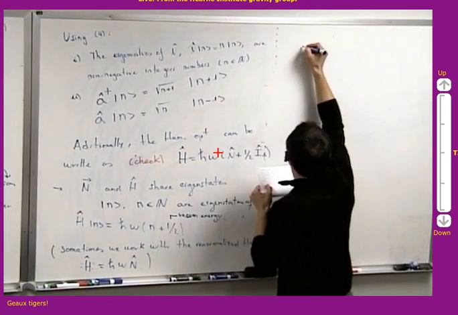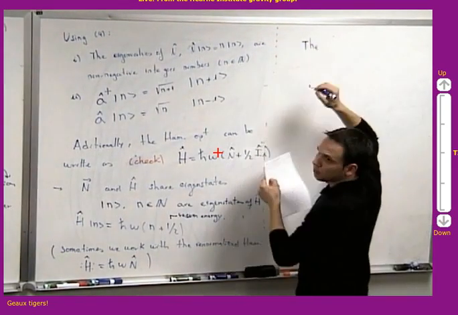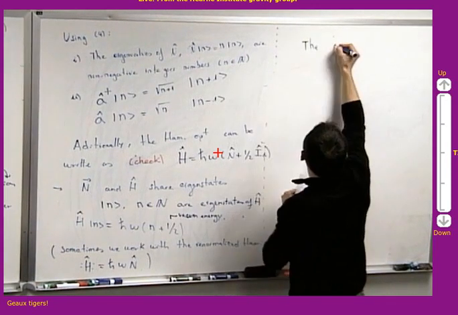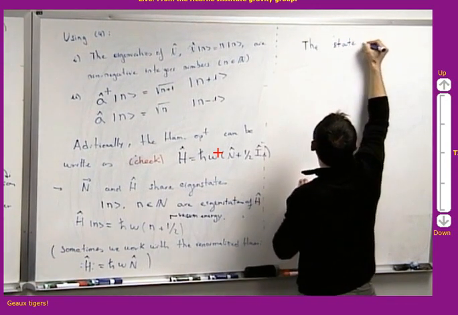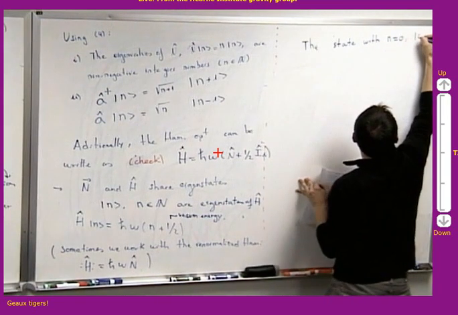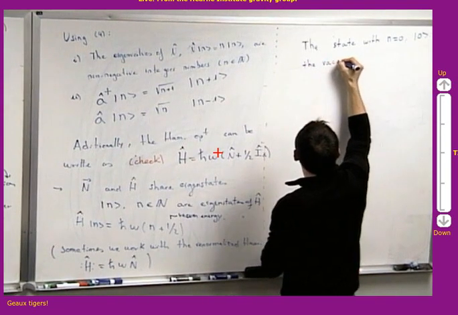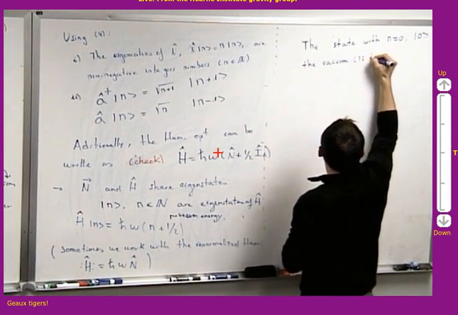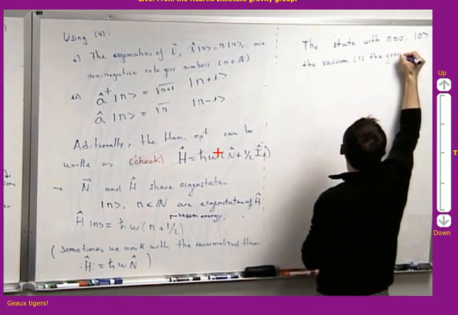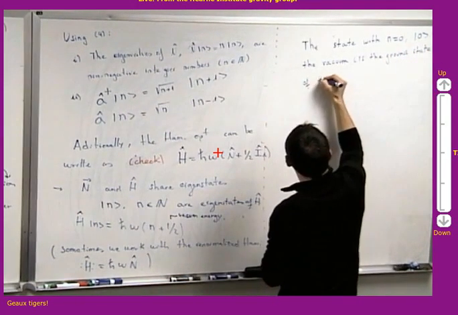So, just to finish, the state with n equals 0 is what we call the vacuum, and is the ground state of the Hamiltonian.